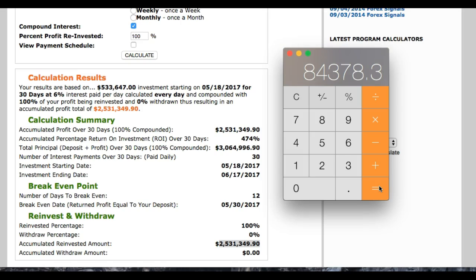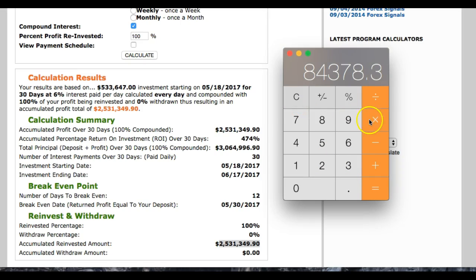No, I can't even, my math. 84,000 a day times 30, that's not right. Obviously, that's not right. Yeah, there's an extra decimal point in there, huh? 2,531,349 divided by 30.